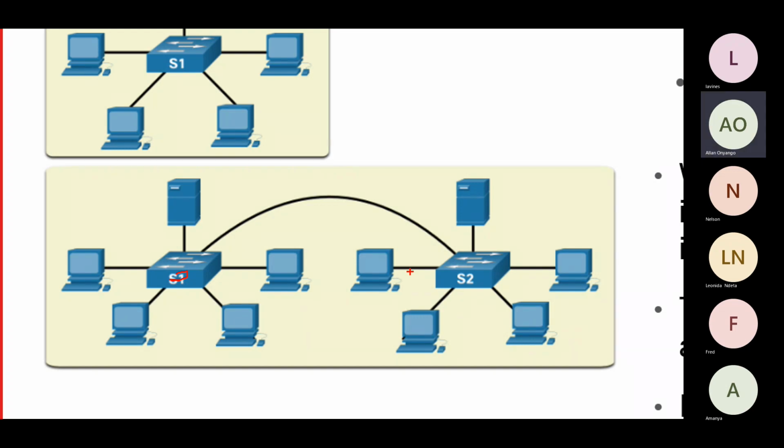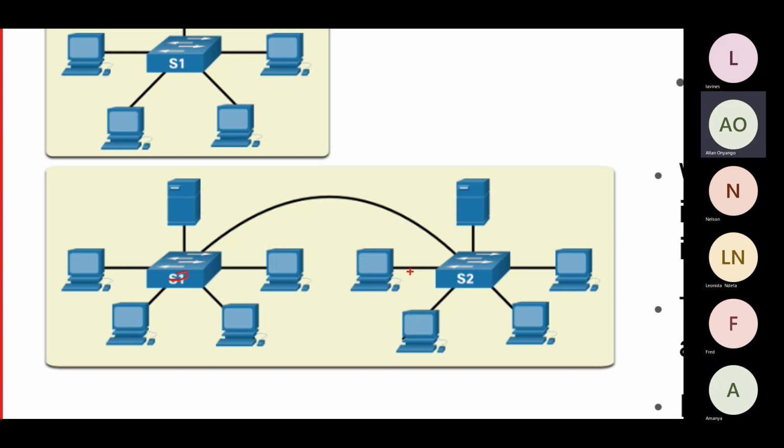Now the next topic we are going to talk about is VLAN, virtual LAN. How can we create more VLANs? We have only been talking about VLAN 1, the default VLAN, and that is what makes the switch broadcast the messages to all the ports that are currently active.